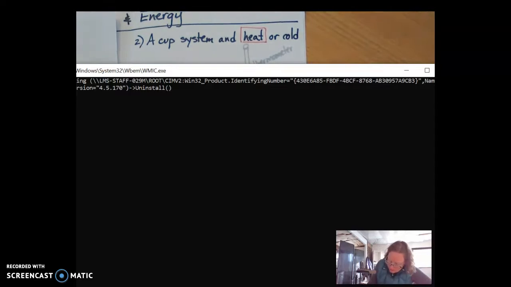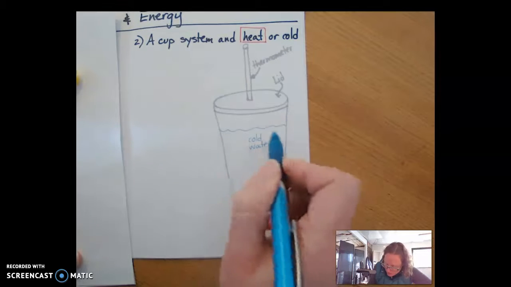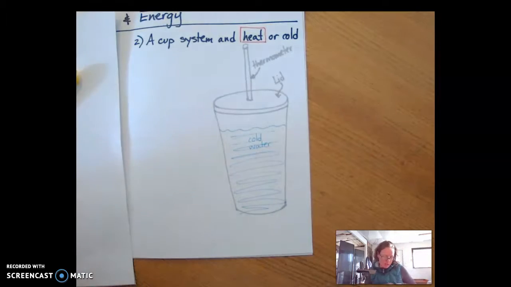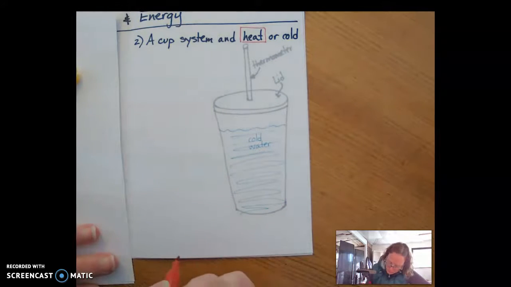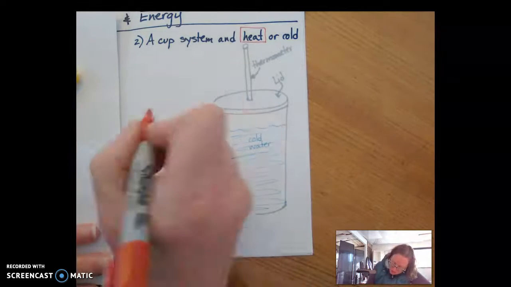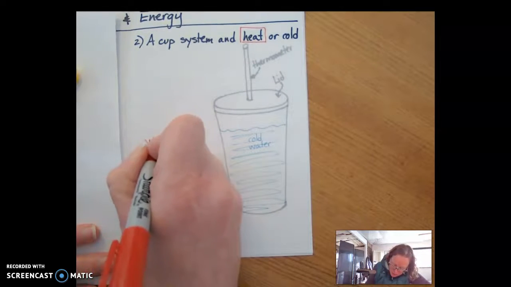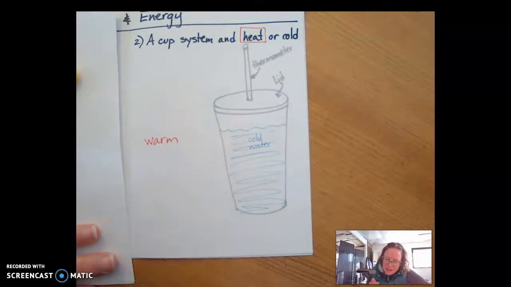But if I have cold water in my cup, filling up my cup, 350 milliliters, sitting on the counter, and it's a hot day in our classroom, maybe we'll just call it warm because it's really not as hot as a hot day, say, in Central America.